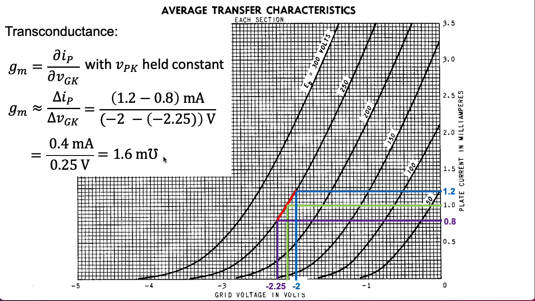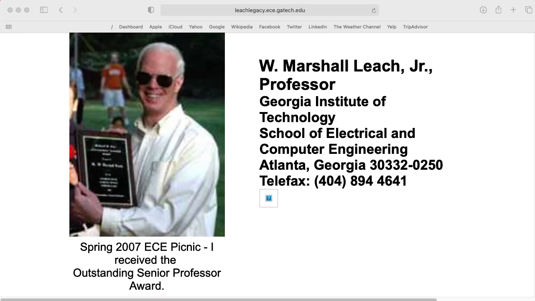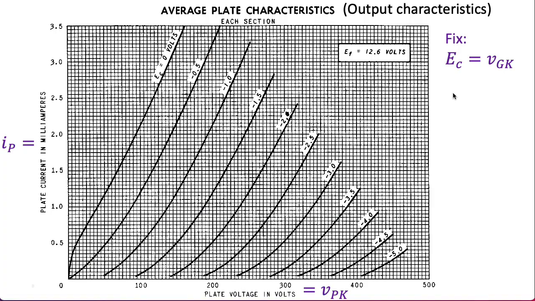This is a unit of conductance, which is the reciprocal of the unit of resistance, as represented by this upside down omega. In the last lecture, we looked at another way of plotting these kinds of curves called either the plate characteristics or, as my colleague Marshall Leach liked to call them, output characteristics, where now we fix a particular grid to cathode voltage and plot the plate current versus the plate to cathode voltage.